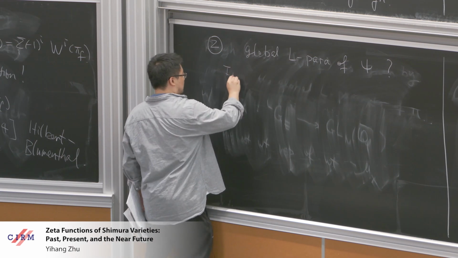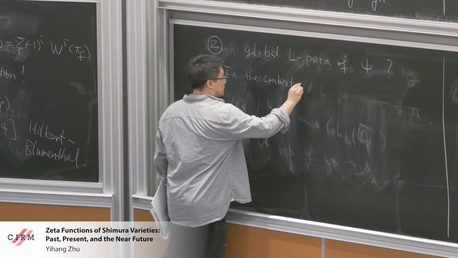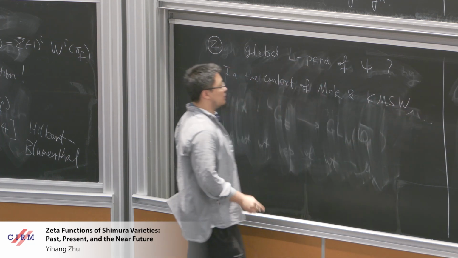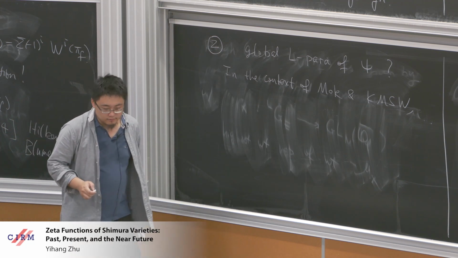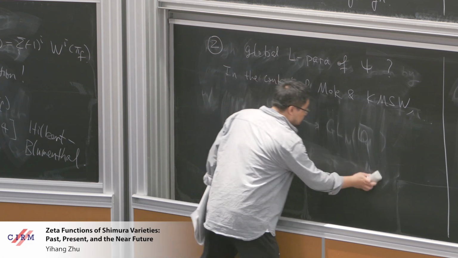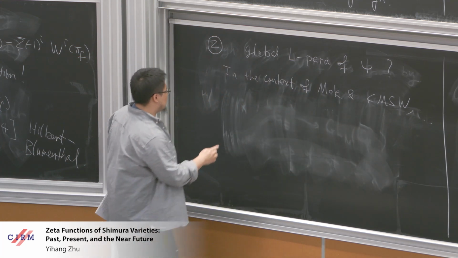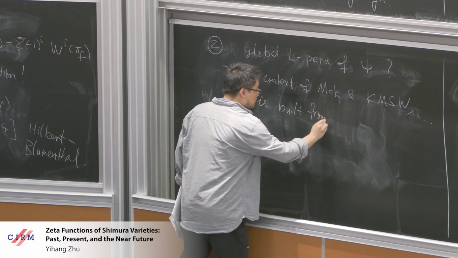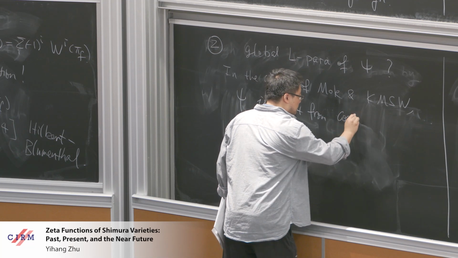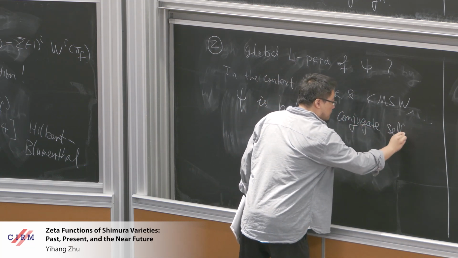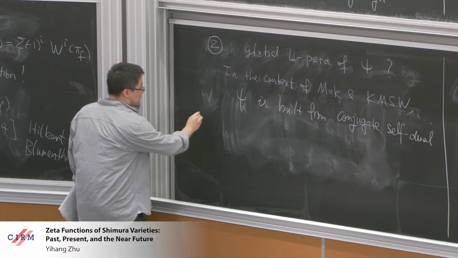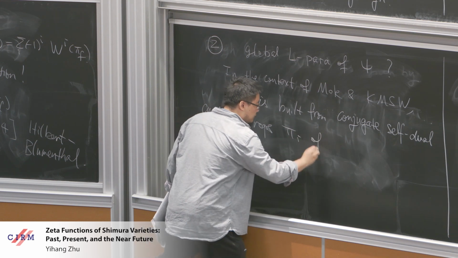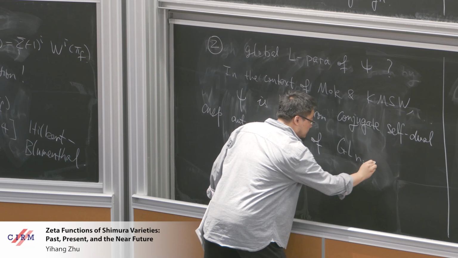So in the context of Mok and KMSW, a global A parameter psi is essentially built from conjugate self-dual cuspidal automorphic representations pi_i of GL_{N_i} over this CM field F tilde.